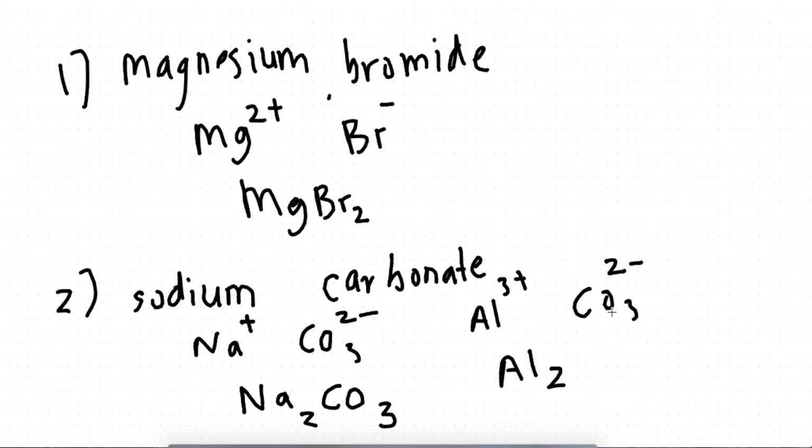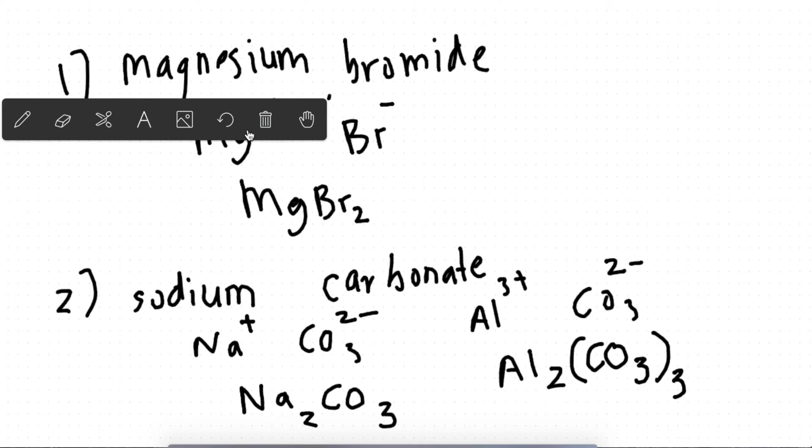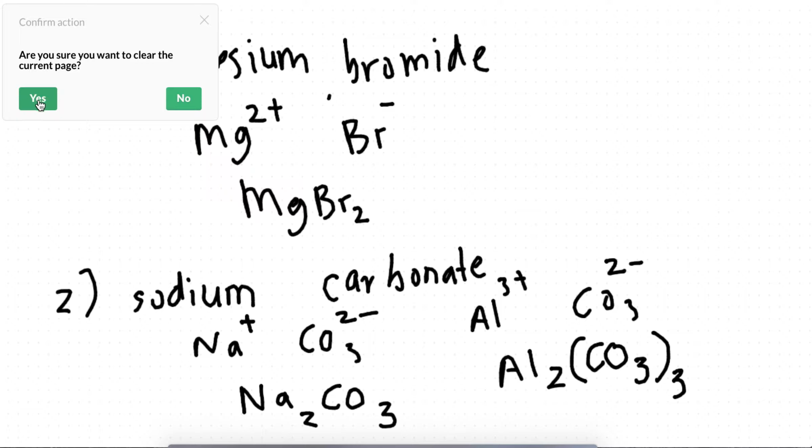No, because 3 is only assigned to oxygen. So we have to put a bracket because carbon also gets the 3. (CO3)3. Does that make sense, guys? Awesome. So now we've done 3 examples. I think that's more than sufficient.